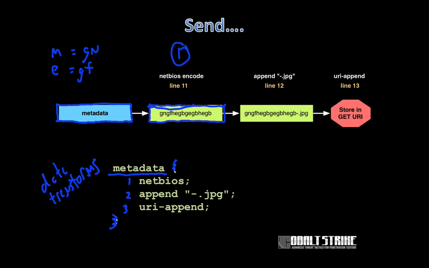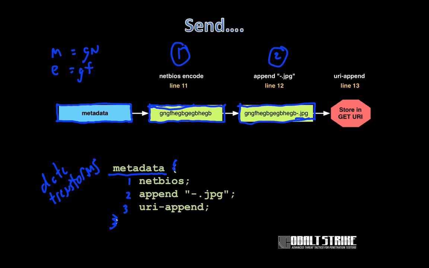The next step is step 2, because these are executed in order. Step 2 is to append dash.jpg to our NetBIOS encoded metadata. And when we apply that step, we end up with this value.